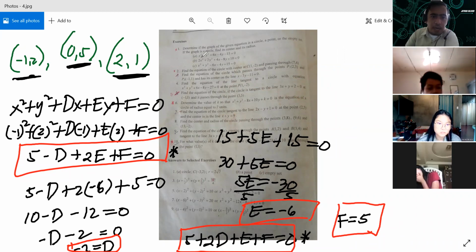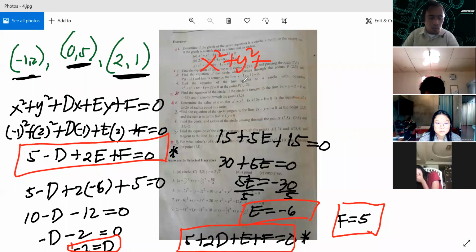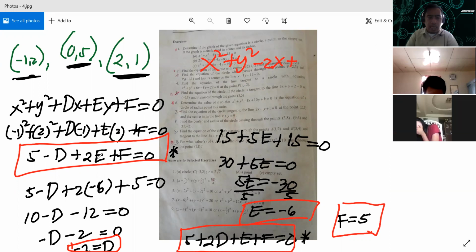So you just replace, it will be x squared, y squared, plus your d is negative 2, so it will be minus 2x plus your e. Your e is negative 6, so it will be minus 6y. And your f is 5. Equal to 0.